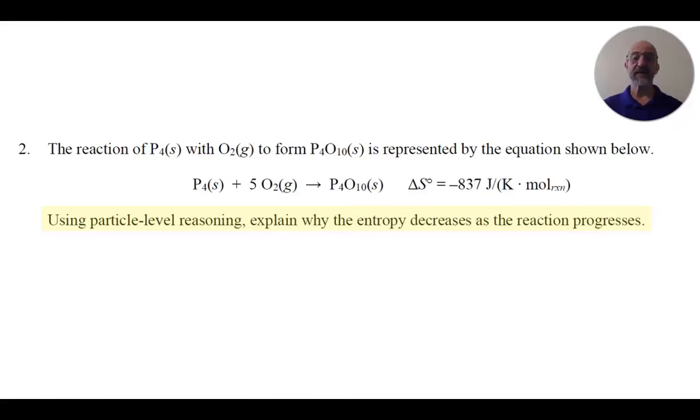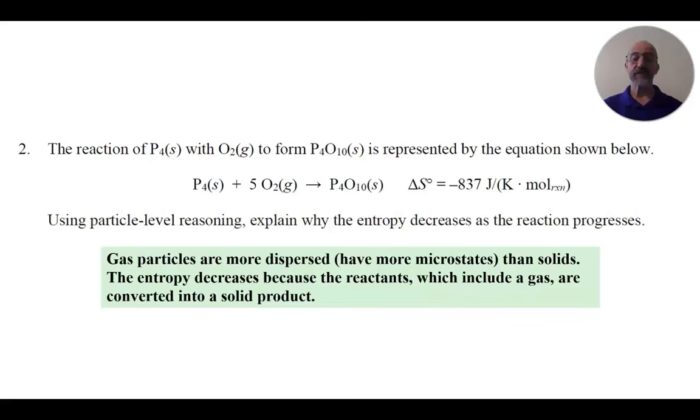So this is what I said in my explanation for question 2. Gas particles are more dispersed, have more microstates, or you could say a greater number of arrangements than solids. And so in this reaction, the entropy decreases because the reactants, which include a gas, are converted into a solid product.